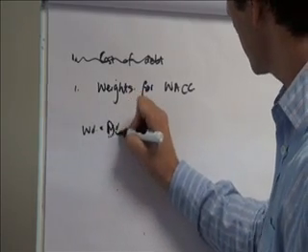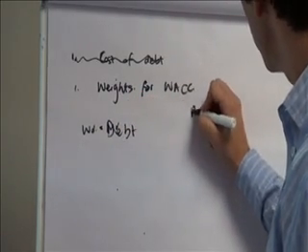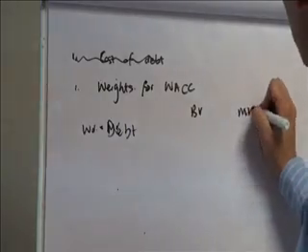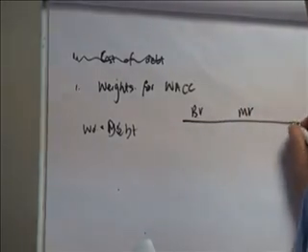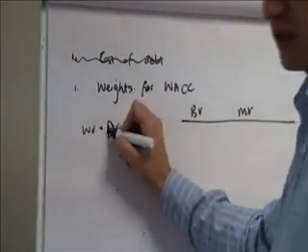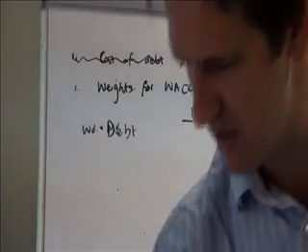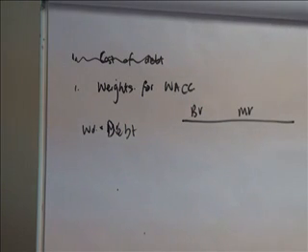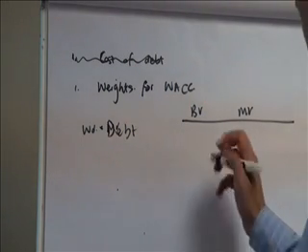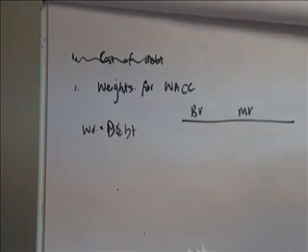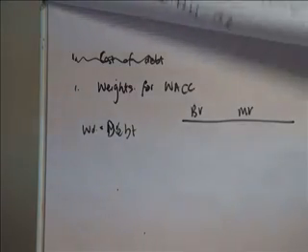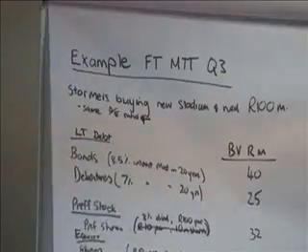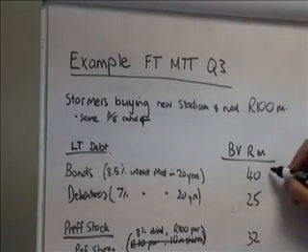Let's just write it like this: debt, value, market value. Great, so let's just see what they've actually done for us here. In the example, they've given us these two sources of debt.